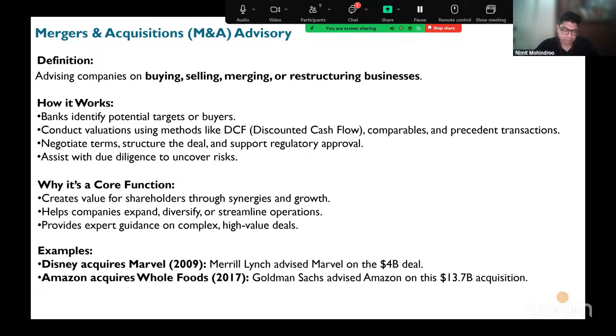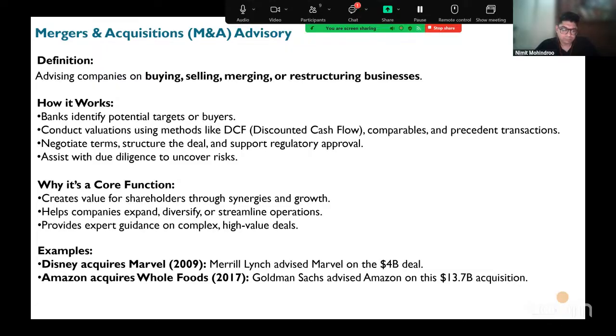They do their pitch and advise that company on whether it would be okay to purchase that business. They conduct evaluations using methods like DCF, which is discounted cash flow, comparables, and precedent transactions. They negotiate terms between both companies.